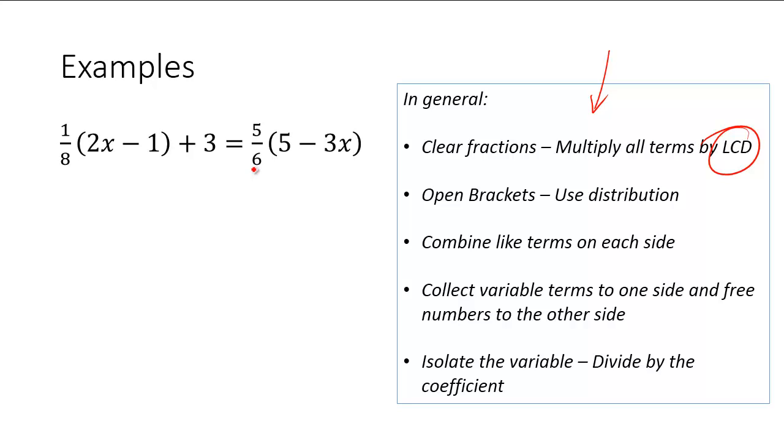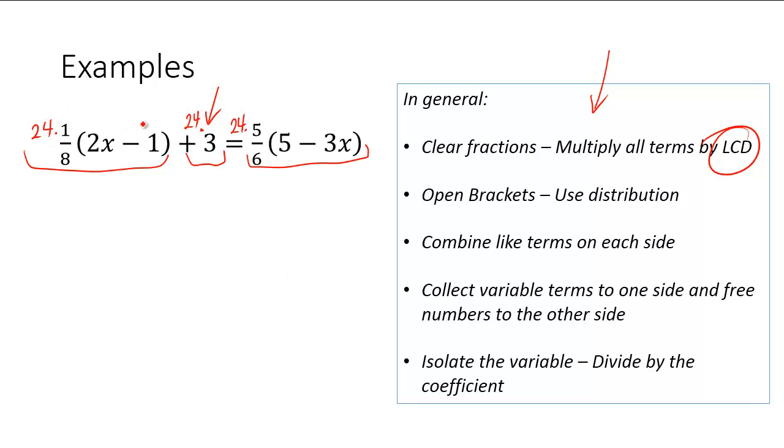So we can multiply all terms by 24, but remember, you're not doing just these two terms. You can't miss that other term as well. If you do, then it's not an equivalent equation. So here, we're actually taking this whole term, multiplying by 24, this whole term, multiplying by 24, and this whole term. We've got 3 terms.